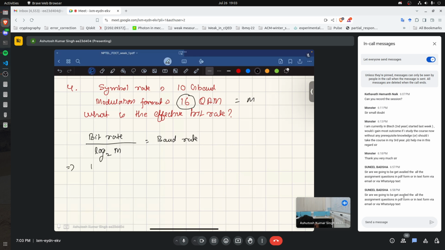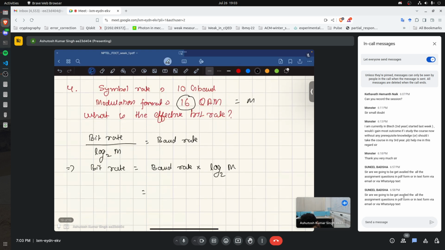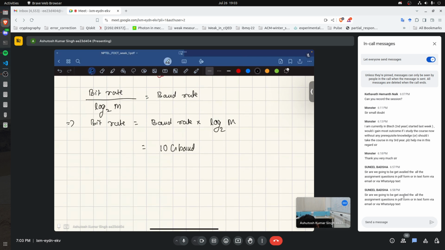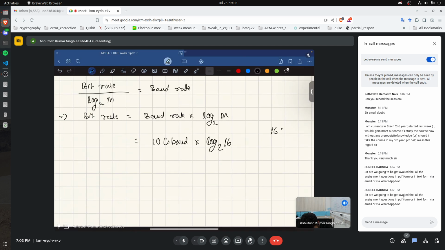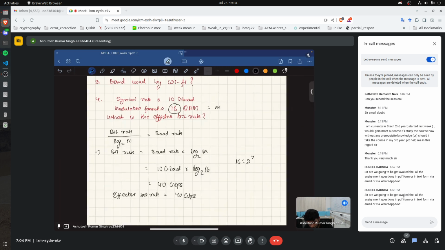From this you can find that bit rate is baud rate times log of base 2 m, which in this case would be 10 gigabaud into log 2 of 16. 16 is 2 raised to the power 4, so this becomes 40 Gbps, and that gives me the answer that the effective bit rate is 40 Gbps.